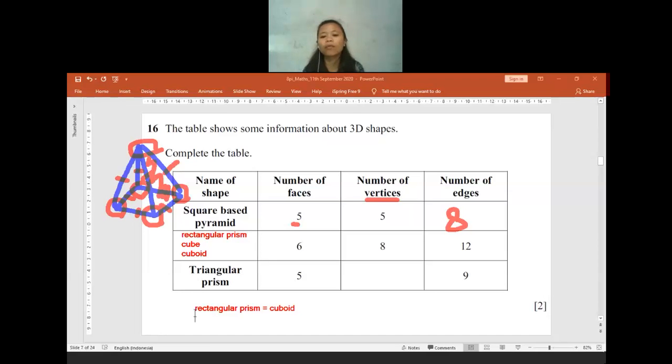We have a triangular prism. Now we have to find the number of vertices there. How many vertices will there be? Yes, it will be 6. Okay, if we have this kind of question, the total mark is 2, and there are 3 places that we have to answer. You have to get at least 2 answers correct to get 1 mark.